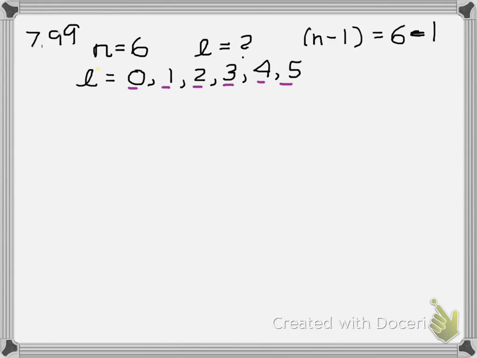So in this example, n equals 6, and there are 6 different l values. If n equaled 4, there would be 4 possible l values. If n equaled 2, there would be 2 possible l values. Remember, l is telling us the sublevel, whether it's an s, p, d, or f.